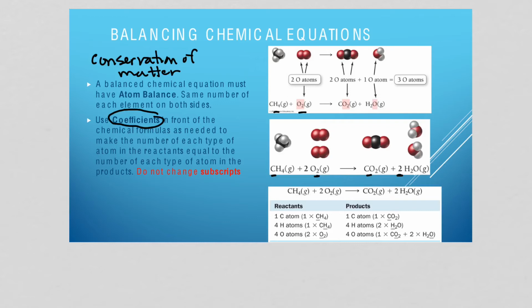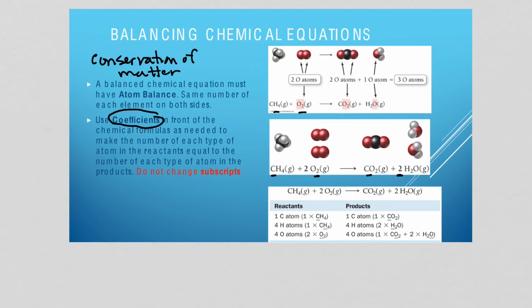If we look on the product side, we have 2 oxygen atoms from the 1 CO2, and now we have 2 oxygen atoms from the 2 waters. So we have a total of 4 oxygen atoms on the product side. Now, we had 2 on the reactant side, so again, how can we make this match?